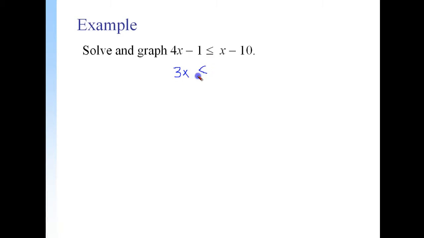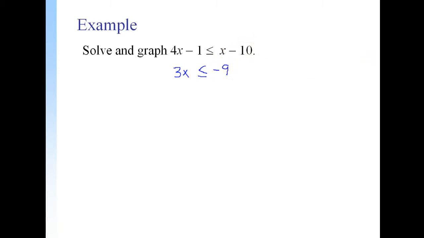Our sign stays the same. And this becomes a -9. So we transpose the x. That became a -x. That gave us a 3x. Transpose a -1 became a +1, and a -10 gave me that.